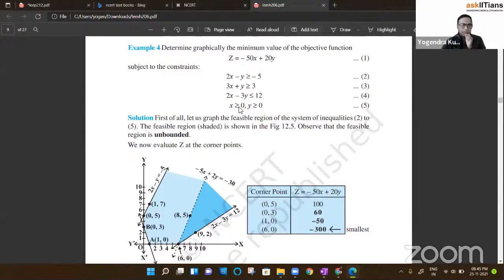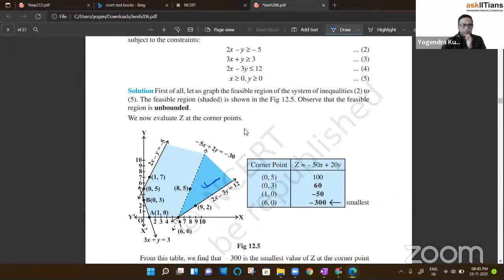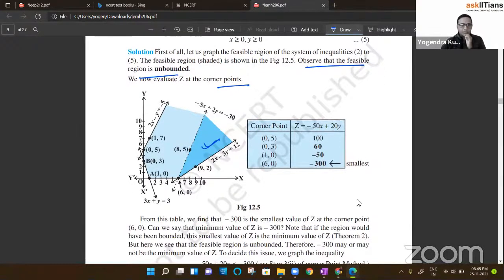This is the final unbounded graph, common for all the conditions. Can you see it, everyone? Now what happens? The feasible region is unbounded. So at the corner points we find the value, and the smallest value happens at this point. But is this the minimum value? We are going to see that.